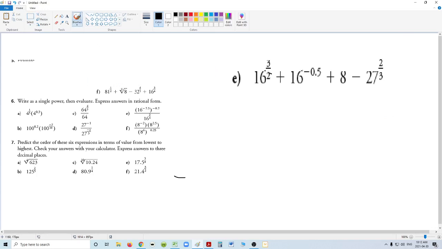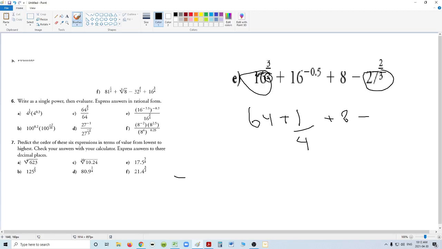Here we can see that the square root of 16 is 4, and 4 cubed is 64. Here, 16 to the negative half is the same as 1 over 16 to the half. The square root of 16 is 4. Plus 8. Here, the minus is outside.